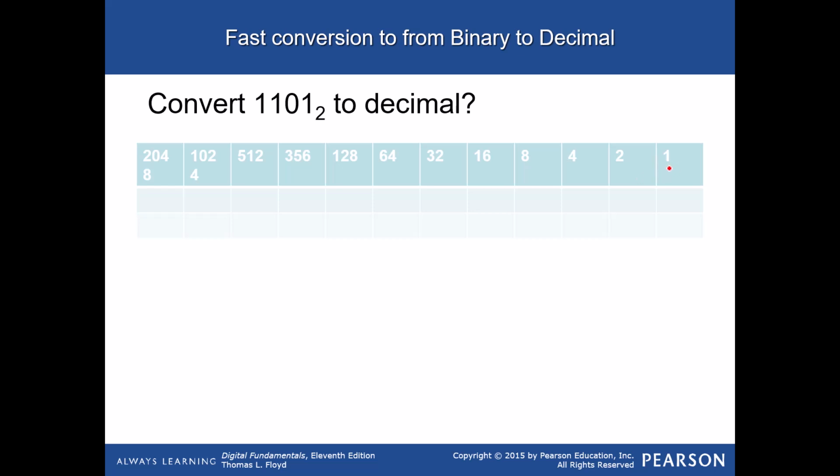We start from power 2 to the 0, which is 1, 2 to the 1, or just simply start from 1, then multiply it by 2, that gives you 2, and multiply 2 by 2, you get 4, and 4 multiplied by 2, you get 8, and 8 multiplied by 2, 16, and so on. You keep doing this, and this one, 32, 64, 128, 256. And we do that.